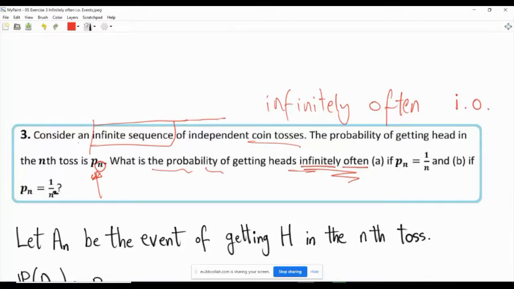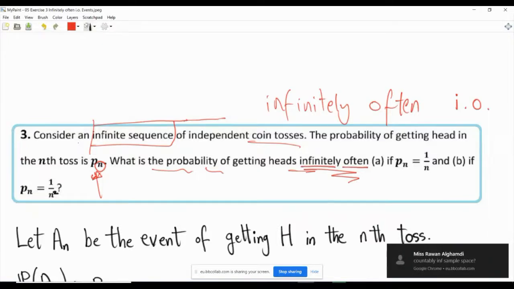So each element in the sample space is an infinite sequence of heads and tails: H, H, T, T, H, T, and so on. If you replace the H by 1 and the T by 0, for example, then our sample space is equivalent to the set of all possible infinite sequences.